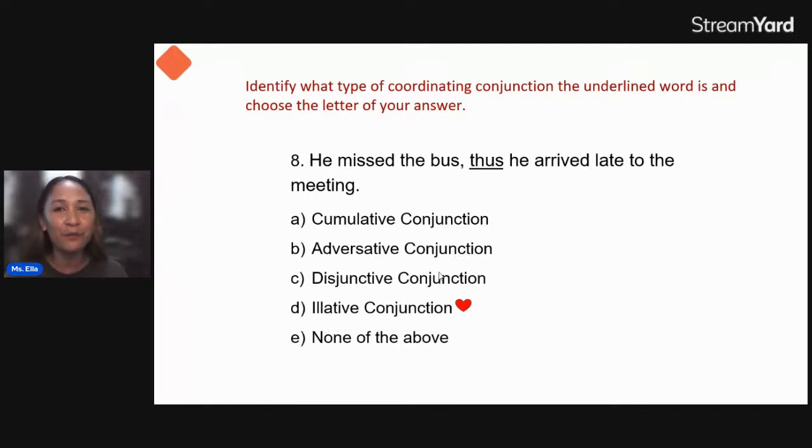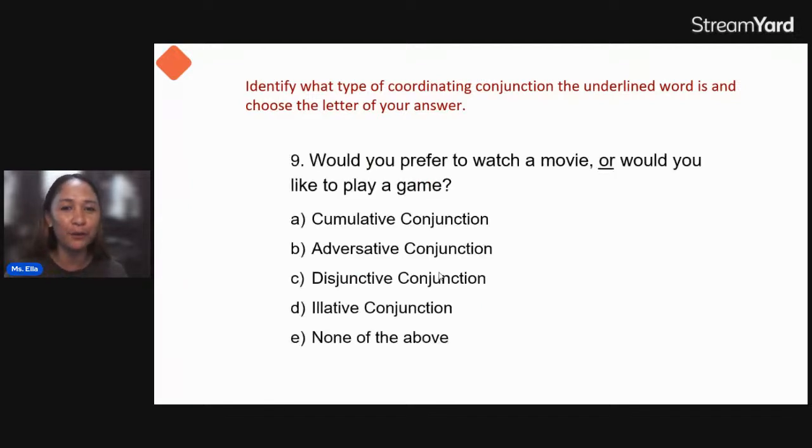All right, let's have number 9. Would you prefer to watch a movie or would you like to play a game? Now, is it letter A, cumulative conjunction? Letter B, adversative conjunction?